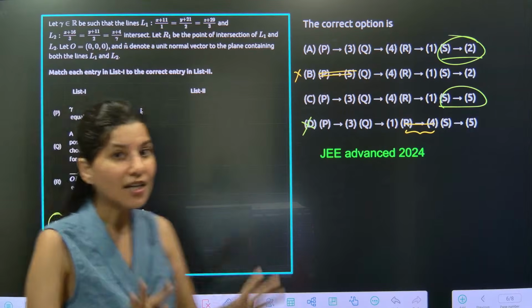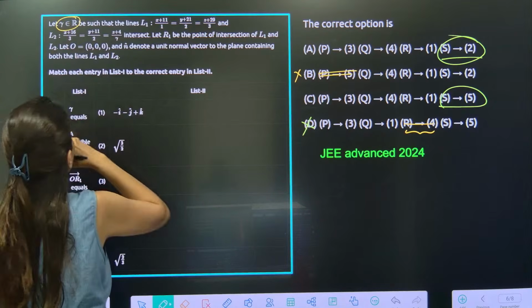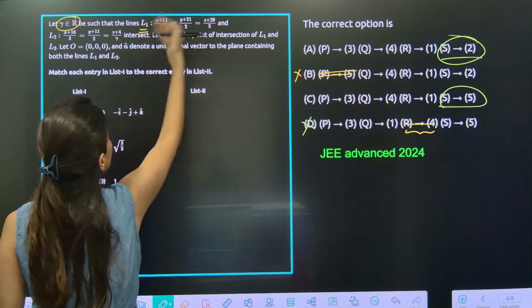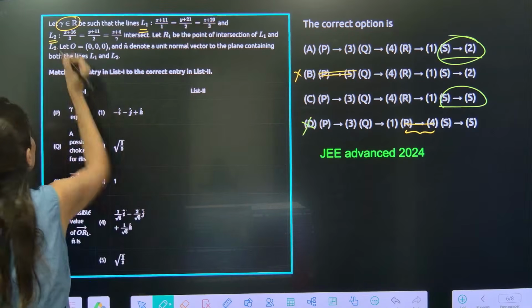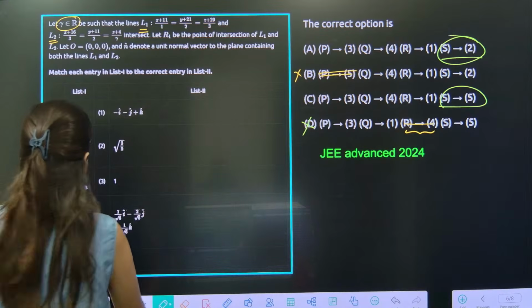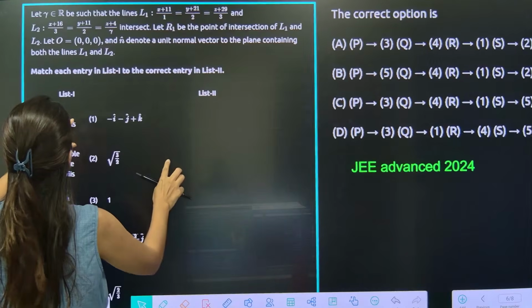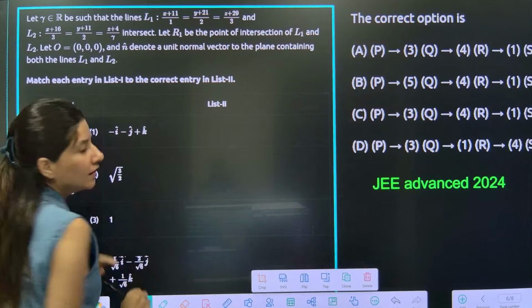Now let's start reading the question. Gamma belongs to R such that line number 1 is given and line number 2 is also given. I hope the question is visible to you. Yes? If not, can I increase the size? I will try to. Better?